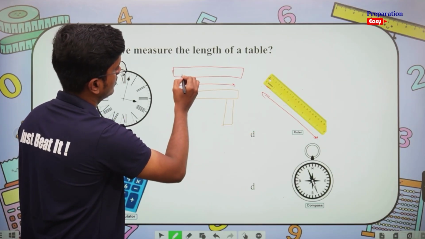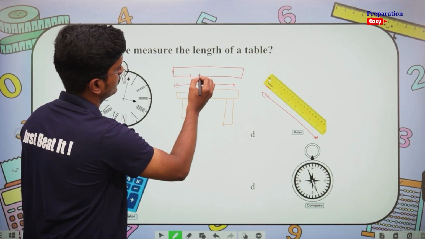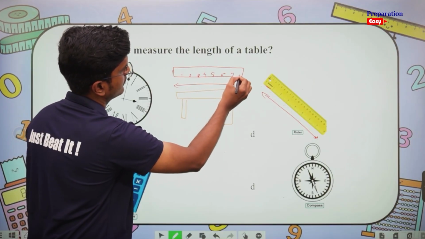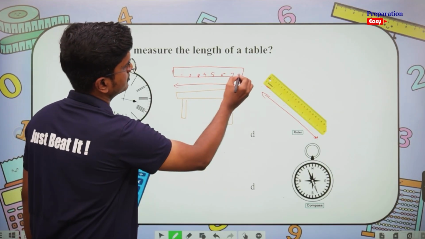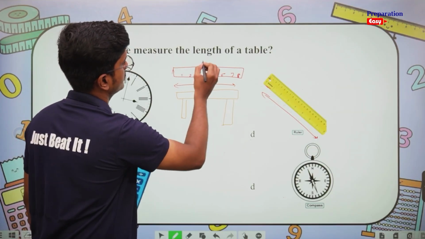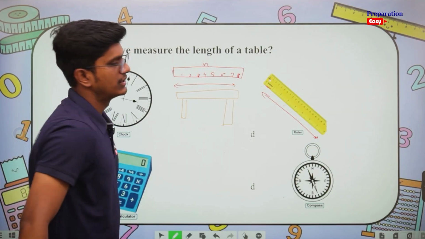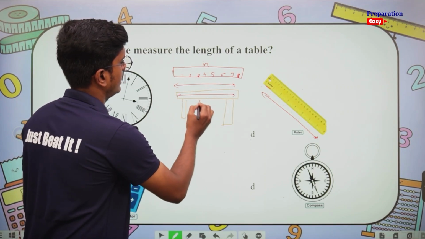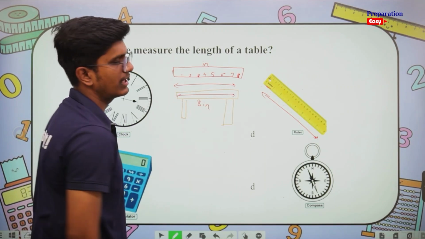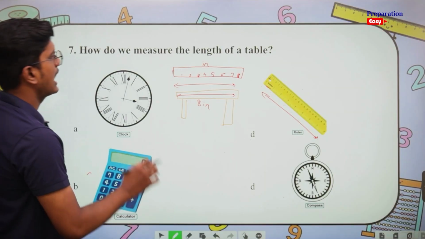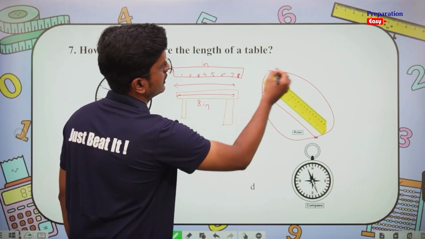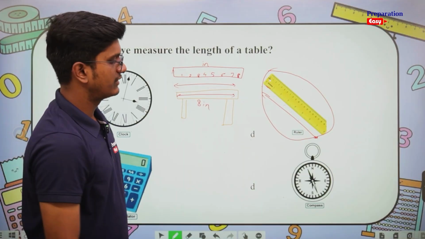I'm just drawing it. 1, 2, 3, 4, 5, 6, 7, 8. 8 inches. So this ruler is in inches, and we can assume that the length of the table is 8 inches. So the question is basically how do we measure the length of the table? With a ruler we can measure the length of the table.